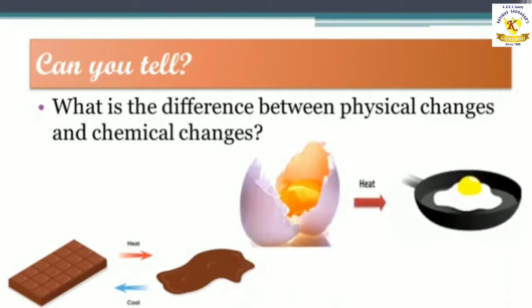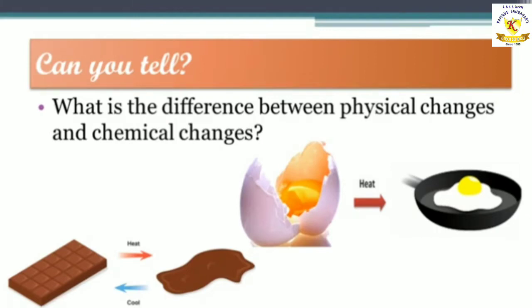Now the next example, you can see an egg. When you fry an egg, what is happening here? The raw egg is getting converted into the fried one. So the properties are being changed. A new substance has been formed after frying the egg. So this is called a chemical change.